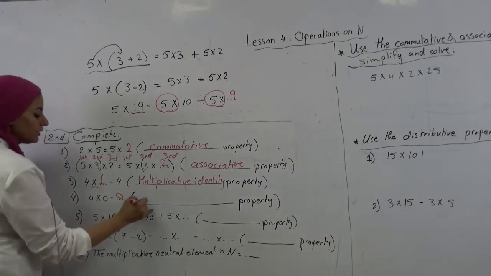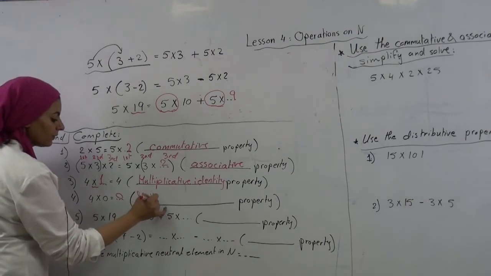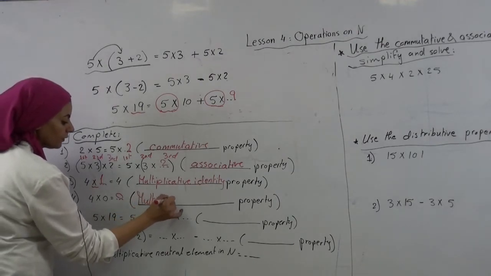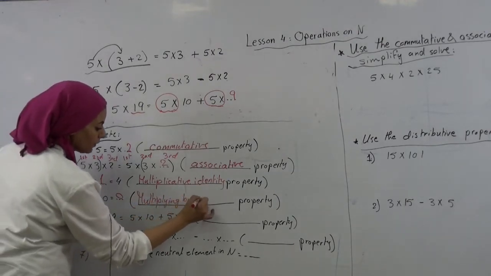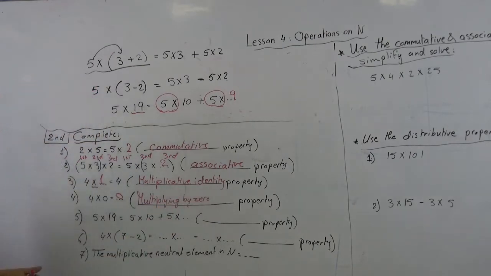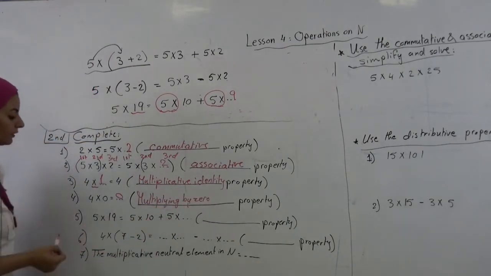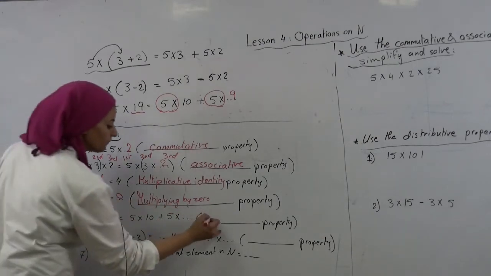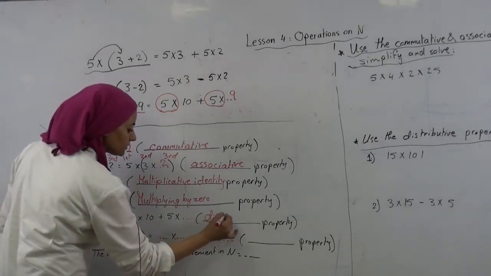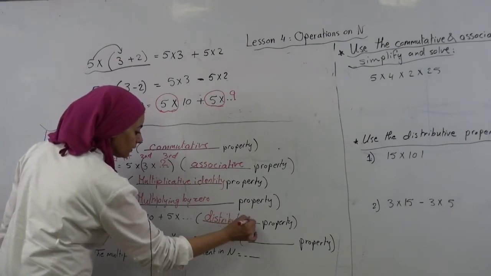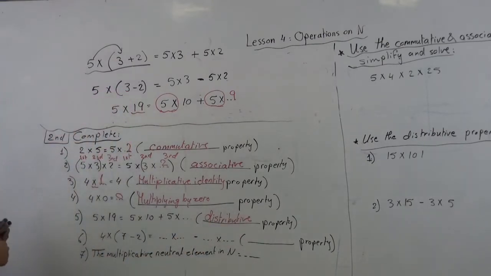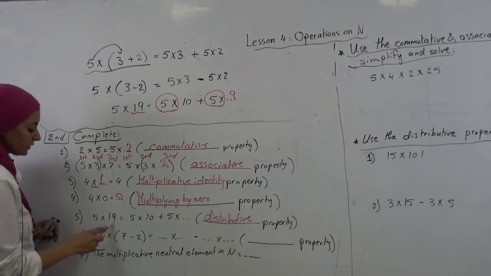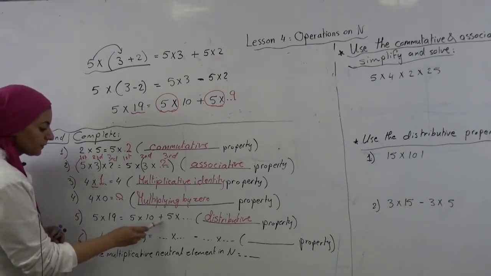Number 4. 4 times 0 is equal to 0. And this is called, as we said, multiplying by 0 property. Number 5, I look at it and I discover that I have two operations on one line, so this is the distributive property. No property has two operations on the same line except the distributive property, where 5 times 19 is equal to 5 times 10 plus 5 times what?